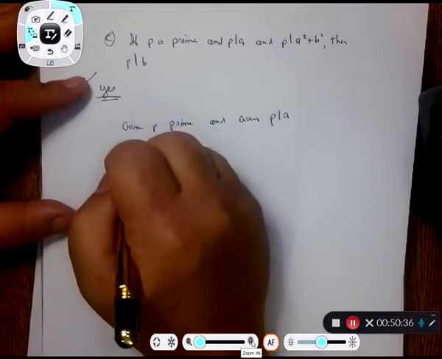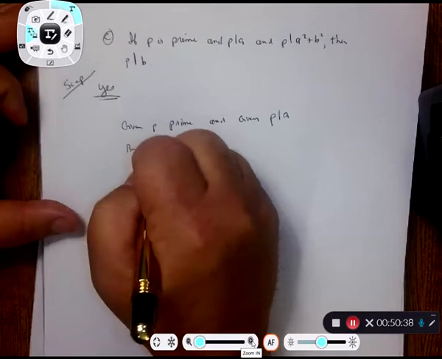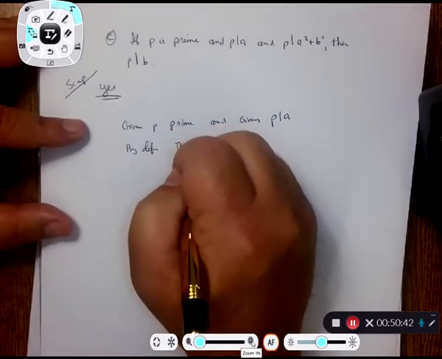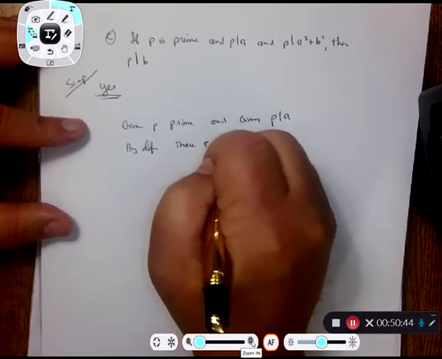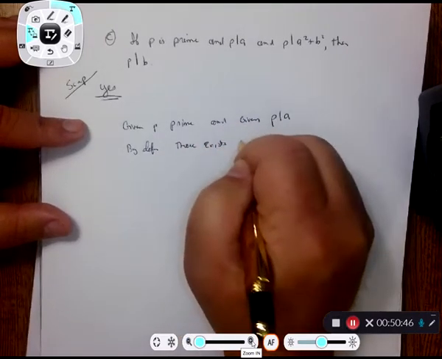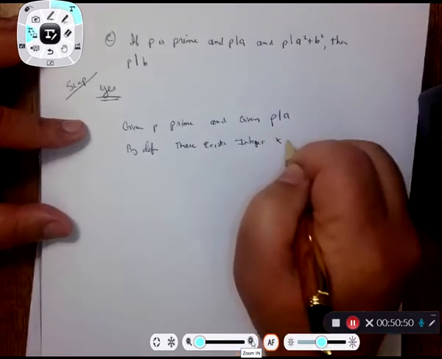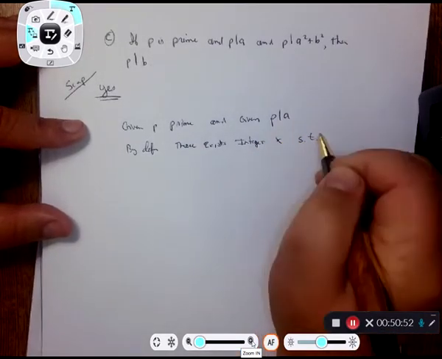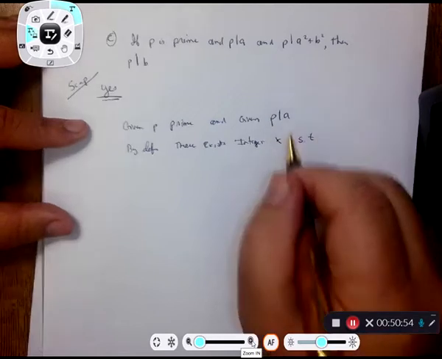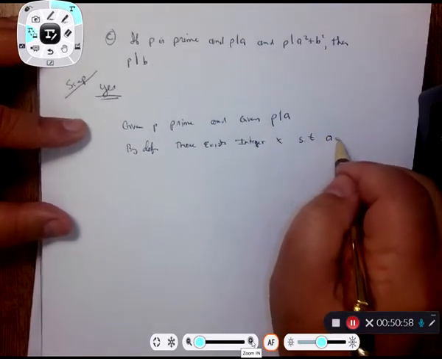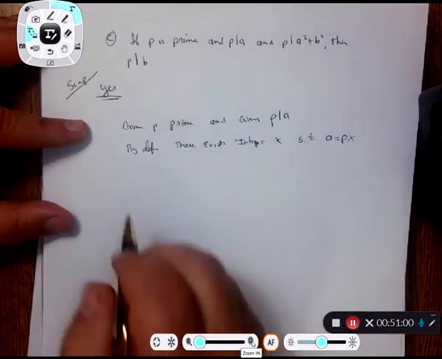By definition, this is my scrap paper, so I kind of shorthand it: there exists an integer, pick one, call it x, such that A is bigger, so A is equal to P times x.